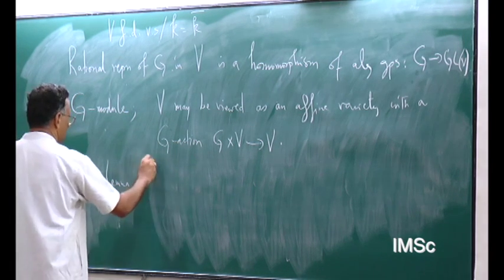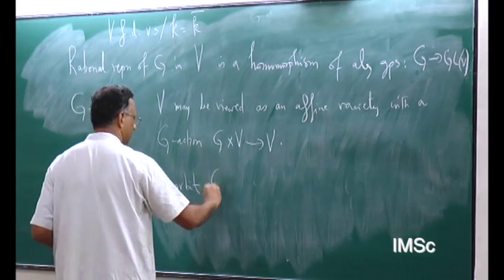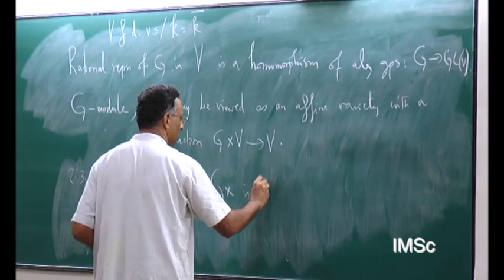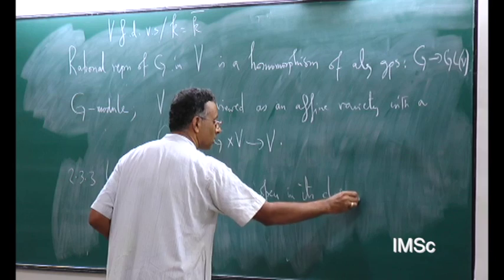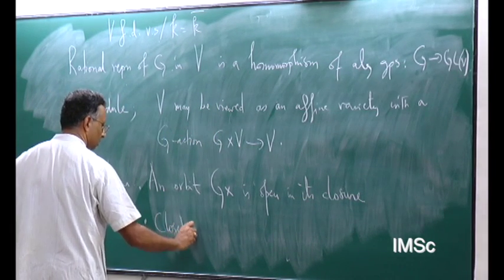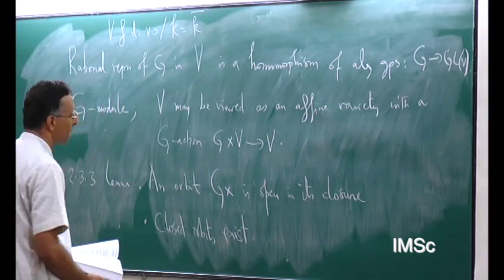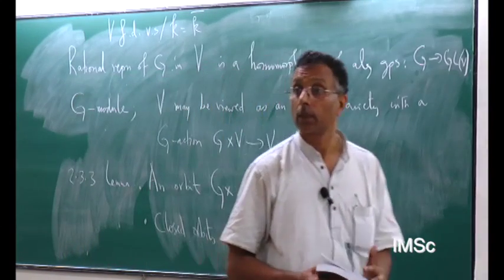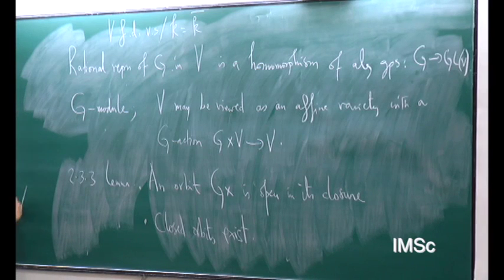Okay, so it says an orbit Gx is open in its closure. Closed orbits exist. So this is with the notation that X is a G-variety.